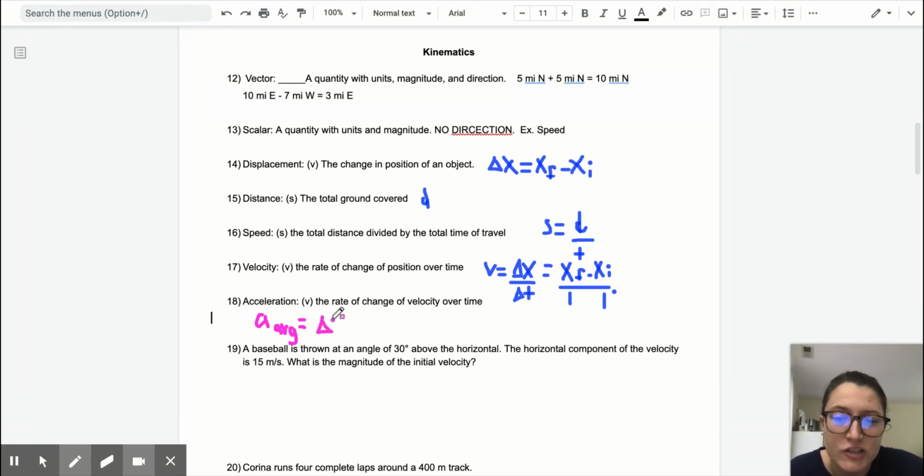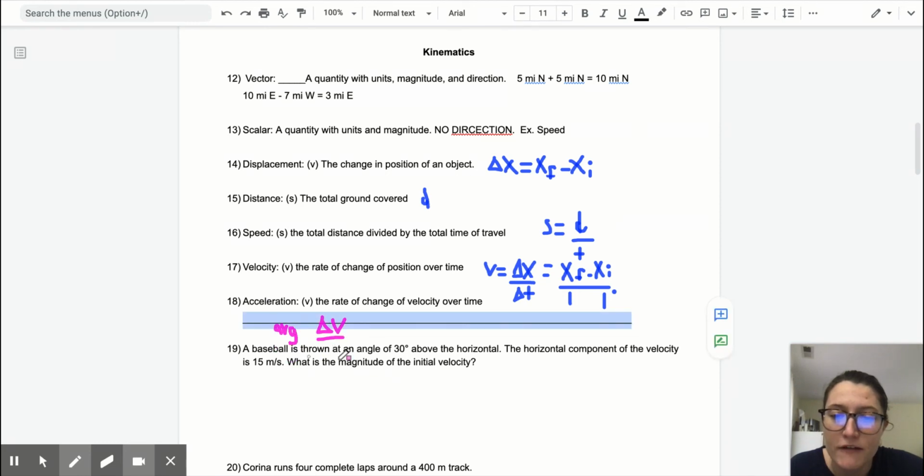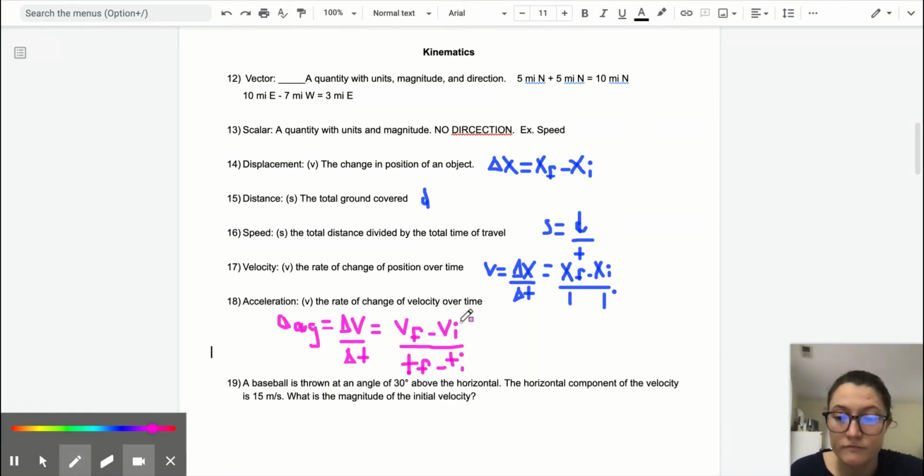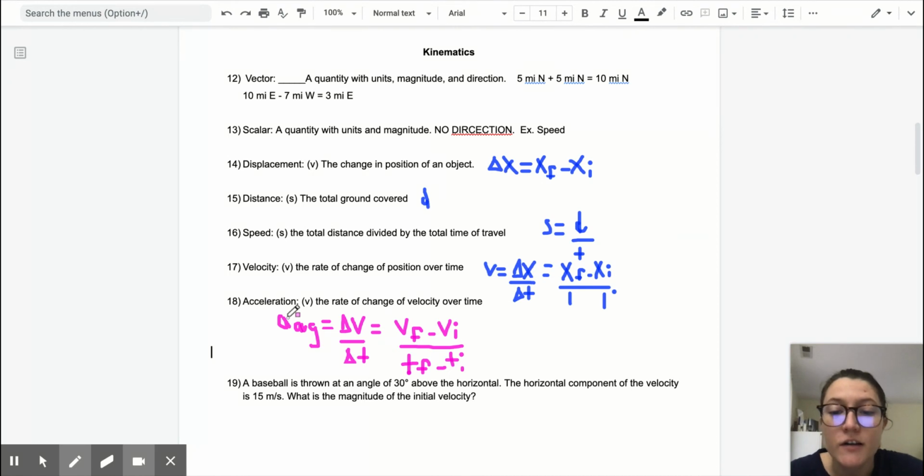So the average acceleration is going to be the change in velocity over the change in time. Okay, take two. So our average acceleration is equal to our change in velocity over the change in time.